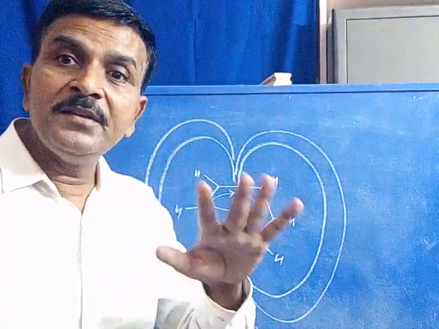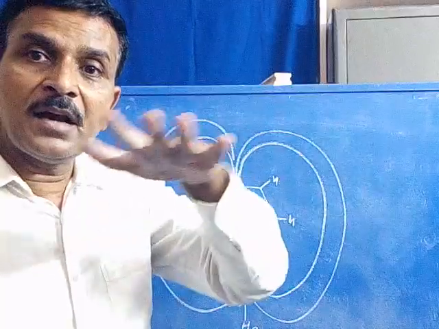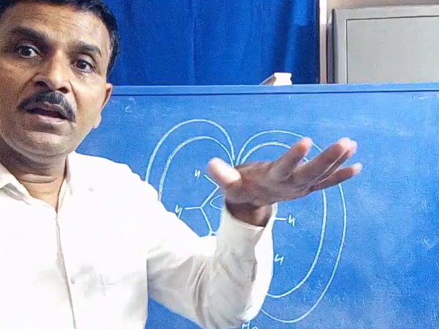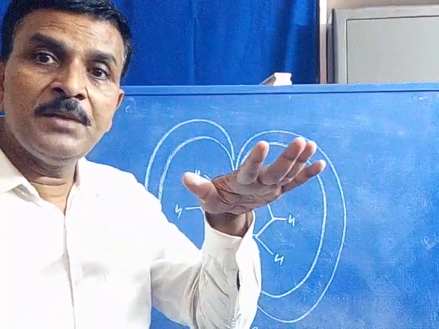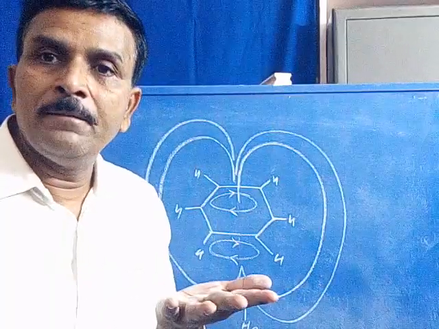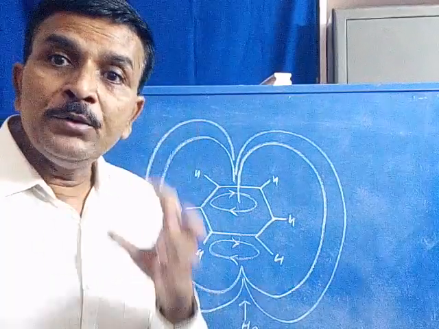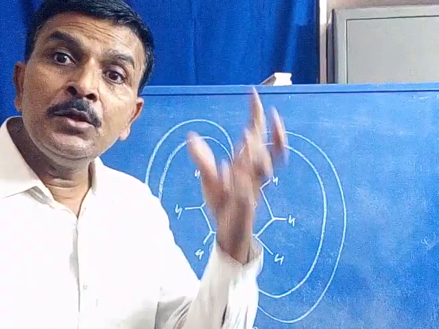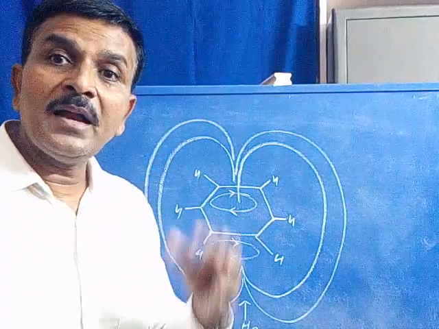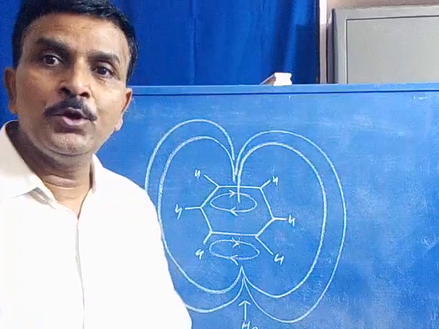Whereas in case of benzene, 6 pi electrons contribute to the circulation of the pi electron cloud above and below the benzene plane, so an excess of secondary magnetic field is produced.